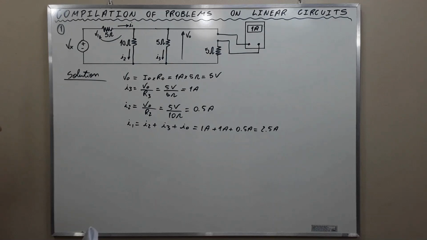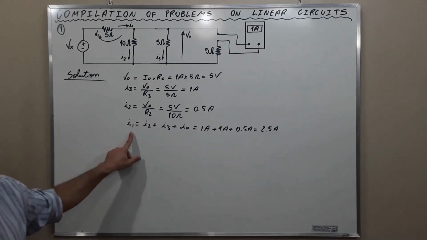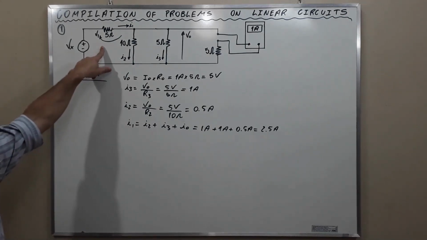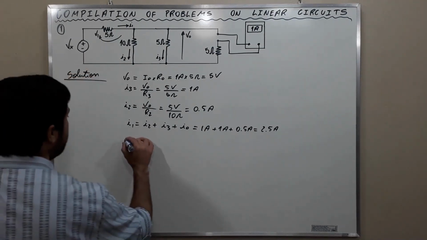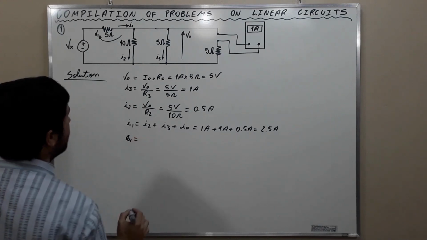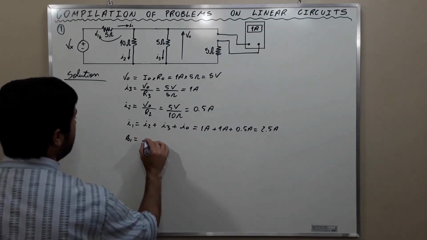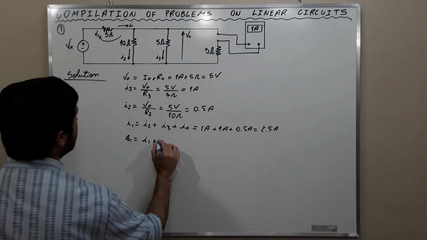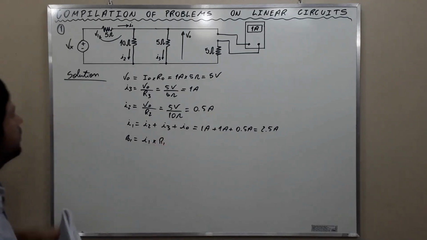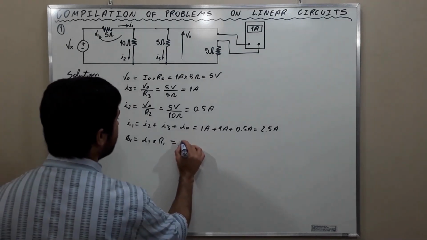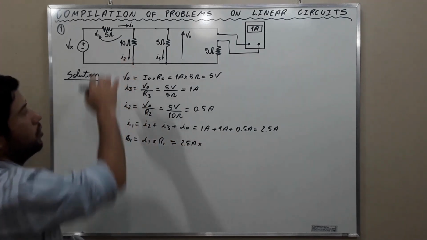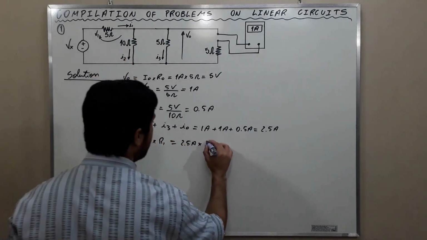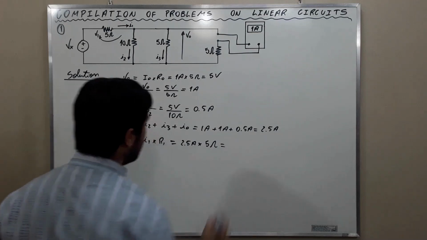Okay, with the value of I1, we can calculate this voltage drop here, V1. Okay, V1 is going to be equal to I1 times R1. We're calling it R1 here. And it is 2.5 amps times the resistance, which is 5 ohms.